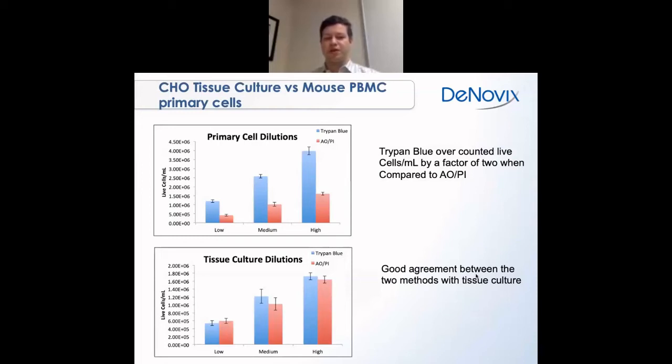You see good agreement between the two methods with tissue culture. And in these examples here, the tissue culture are CHO and the primary cells are PBMCs. And we just did dilutions, verified them on a culture counter. And it's really startling to see the difference with the primary cells of how different a count that you get between the two methods, with the AOPI being verified to be more accurate.